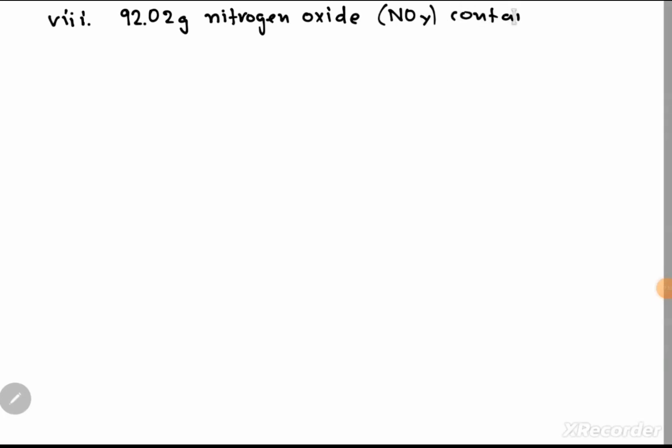Let's see example 8. 92.02 grams nitrogen oxide contains 28.02 grams nitrogen.